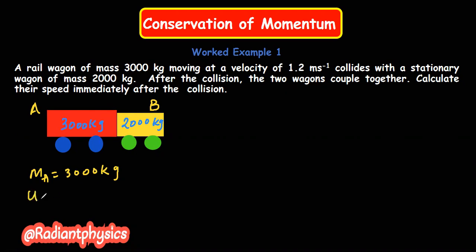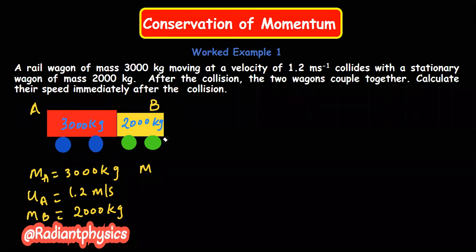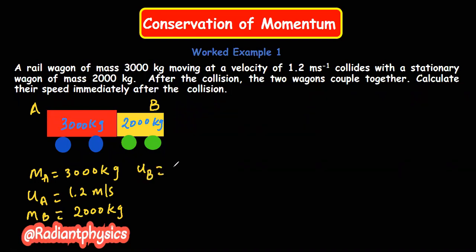So we write it as 1.2 meters per second. And then we have mass MB, which is equal to 2,000 kilograms. Its initial velocity is UB, which is going to be 0.